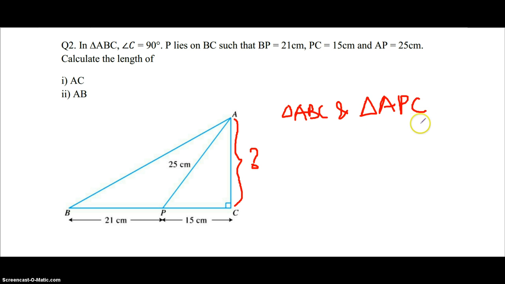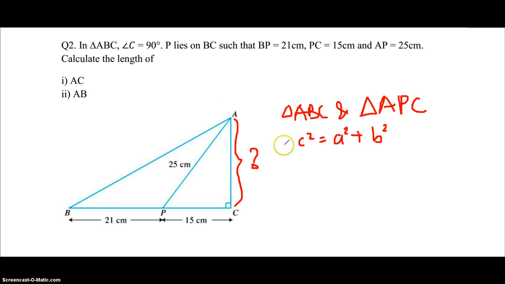Okay, these two are actually right angle triangles. So you say find the length of AC. You see that APC is a right angle triangle and this is the hypotenuse. So based on the previous formula that we have learned, c square is equal to a square plus b square.